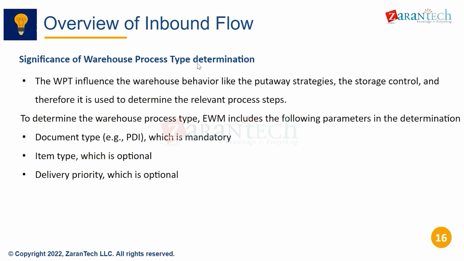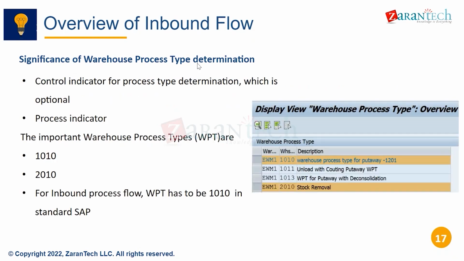So based on this warehouse process type, only the warehouse tasks will be created. You can see these are the settings, control indicators for the process type, and there are defined process indicators, and these are some important warehouse process types SAP has provided. SAP has already given some standard process types, right? For inbound process flow, SAP has provided process type 1010.